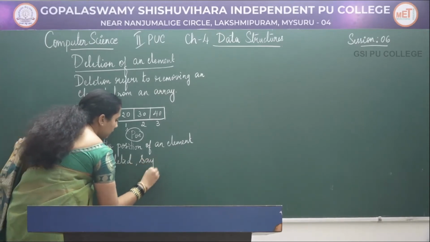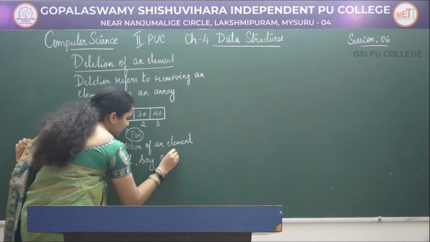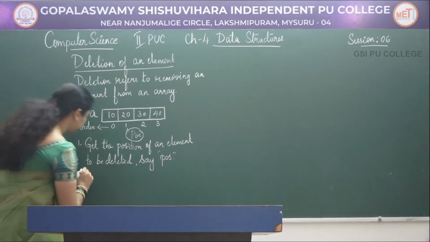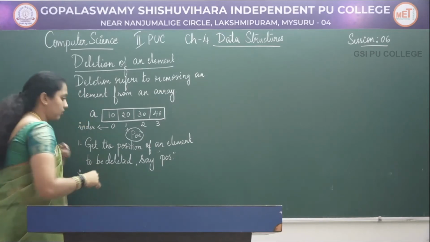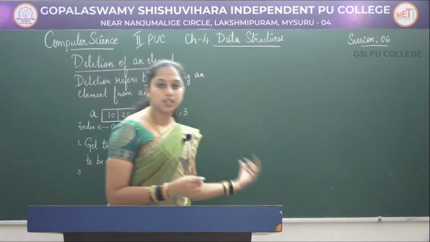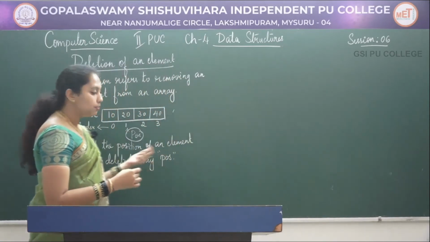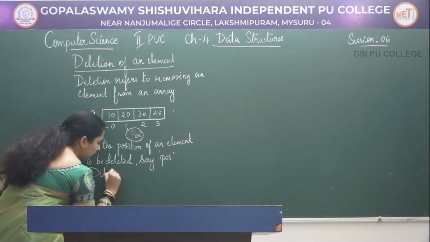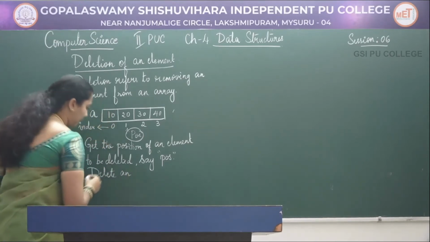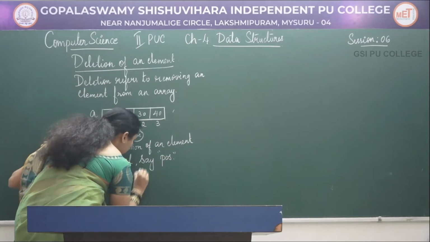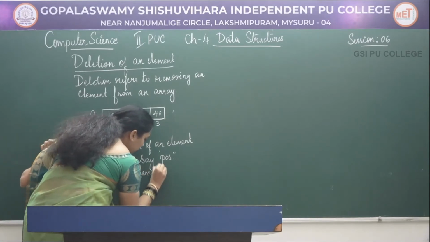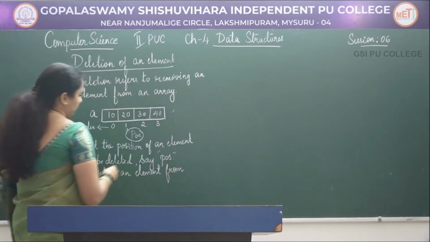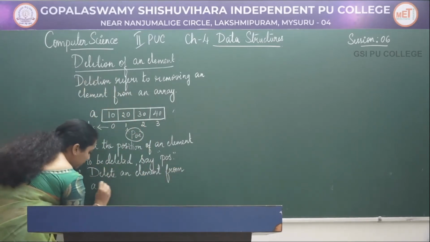Say POS, that is the position. Next, delete the particular item from the position. So delete an element from a particular position.